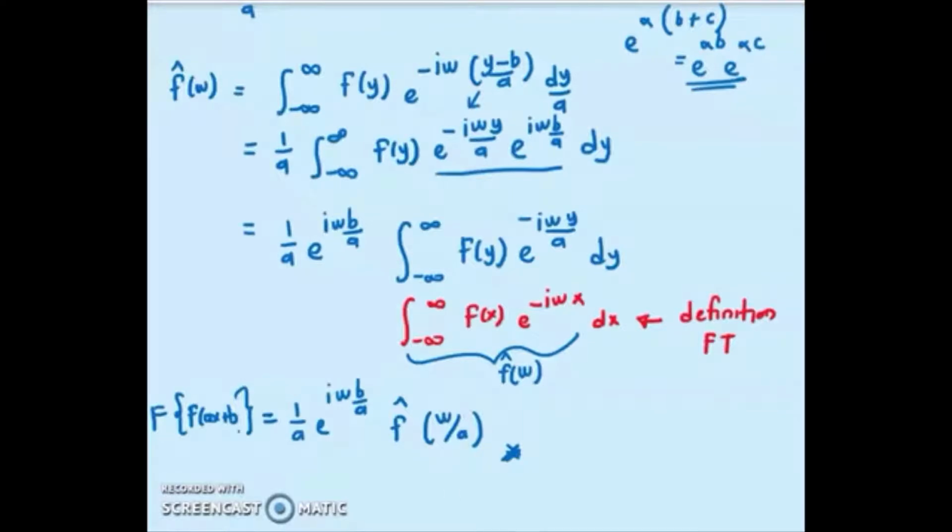Now let's look at one example on how to use this formula. The example will be: find the Fourier transform of f(x) equals 5e to the negative x plus 2.